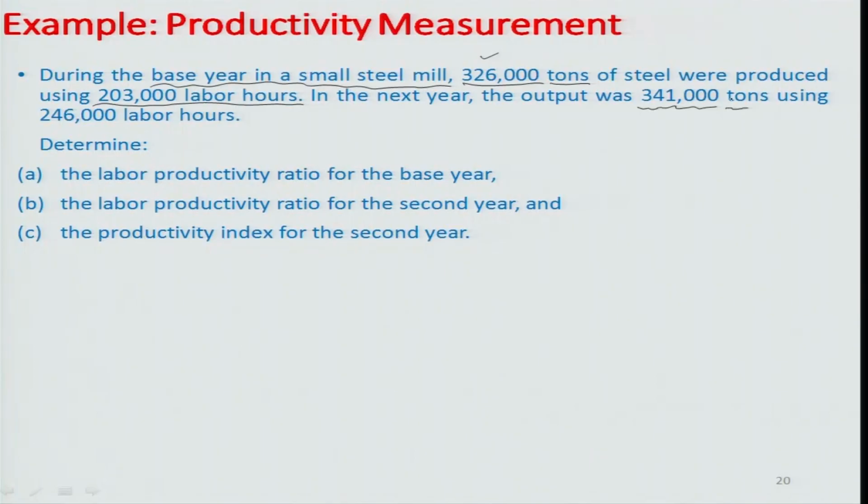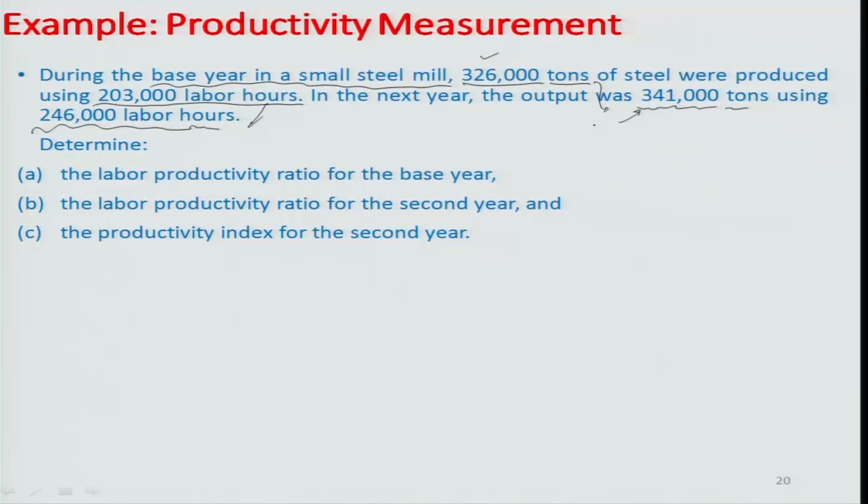The production has improved, but let us look at whether the labor productivity has improved, because 341,000 tons required about 246,000 labor hours. There is a substantial increase in labor hours as well as in production, so we have to see whether the ratio is maintained or there is a change in productivity.